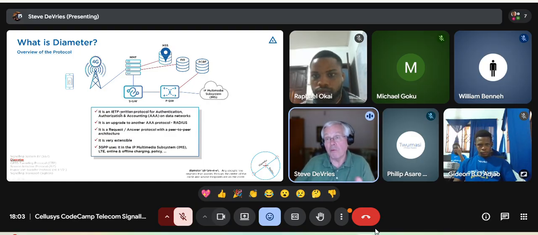Now, diameter was not written by telecom, though. Diameter was originally written by the Internet Engineering Task Force, as what's known as an AAA protocol, a protocol that does authentication, authorization, and accounting. It replaced another protocol called Radius.